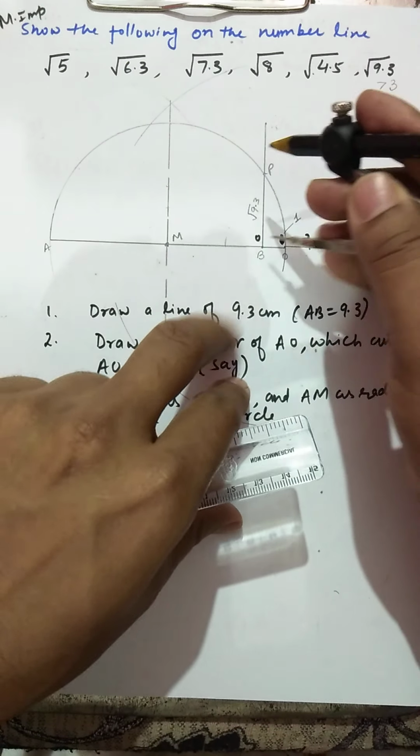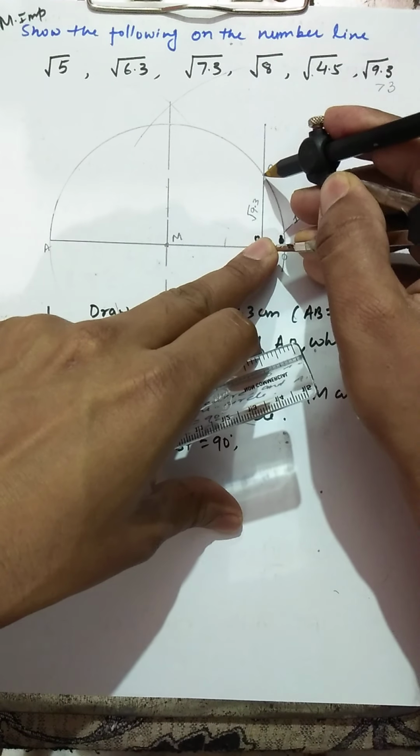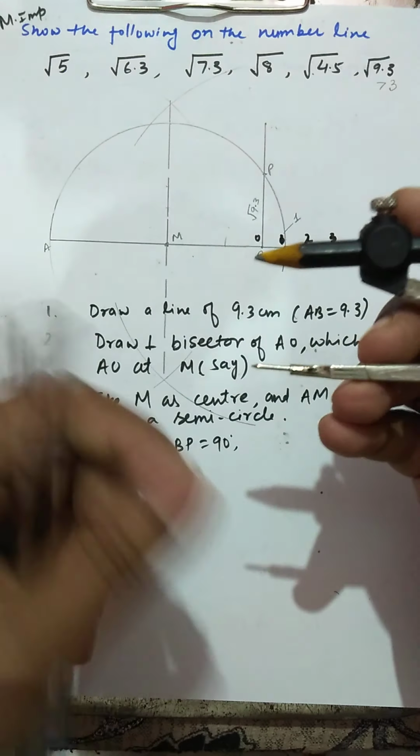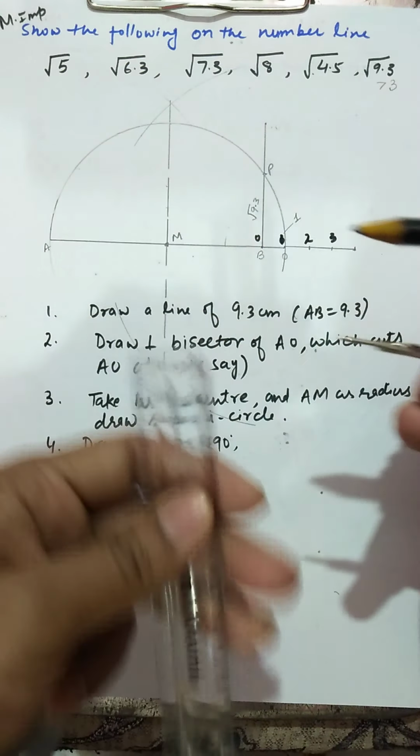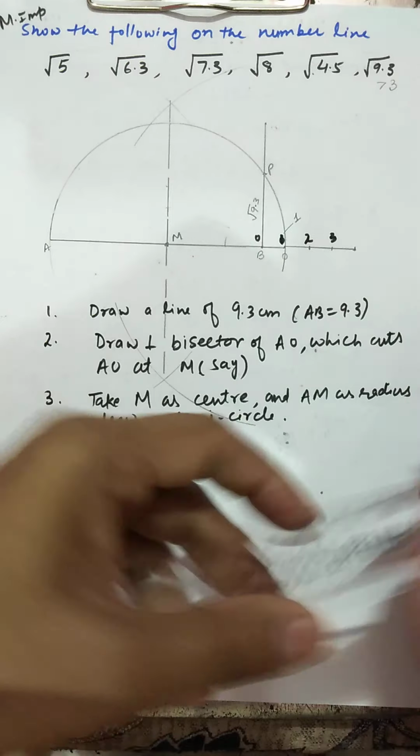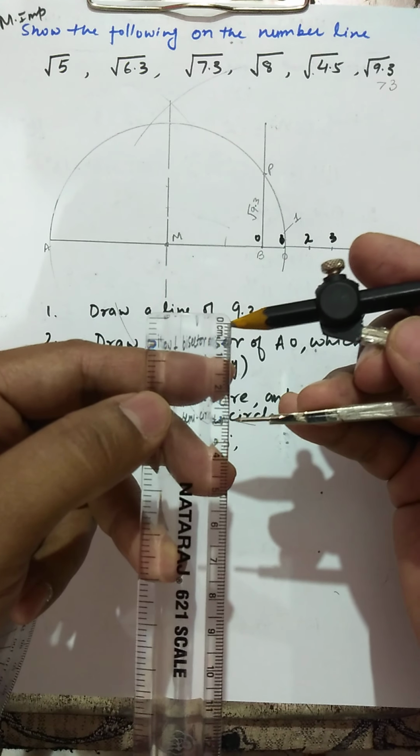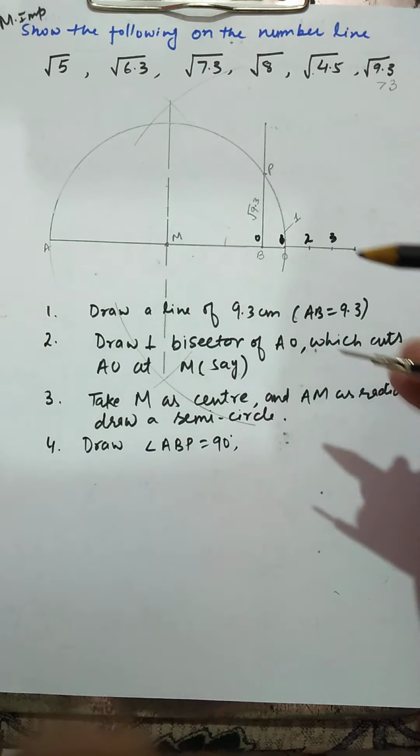And if I open my compass like BP, so this distance on my scale is root 9.3.